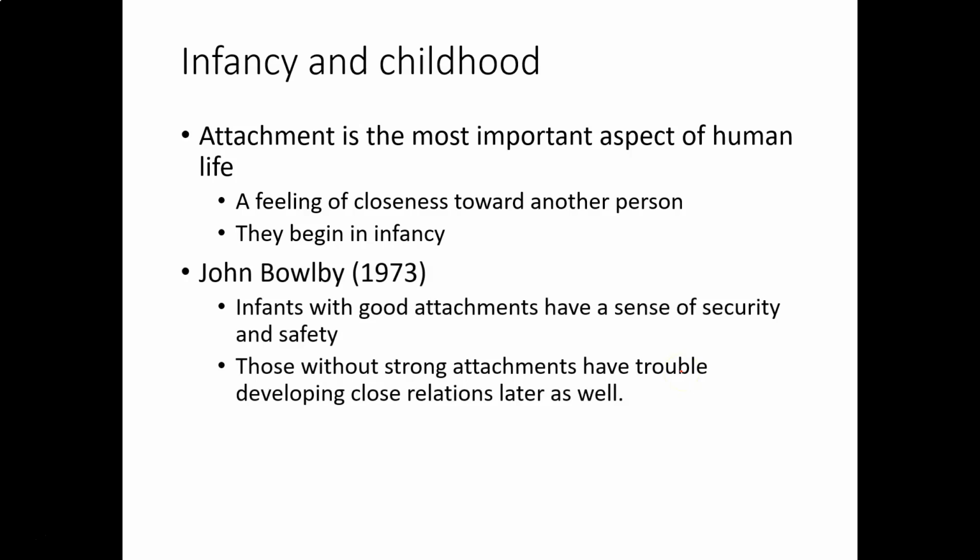In 1973, John Bowlby noticed that children may have different types of attachment with their caregivers. Some infants who had good attachments with their caregivers behaved very differently than infants that had different types of attachments that we'll talk about in a couple of slides.